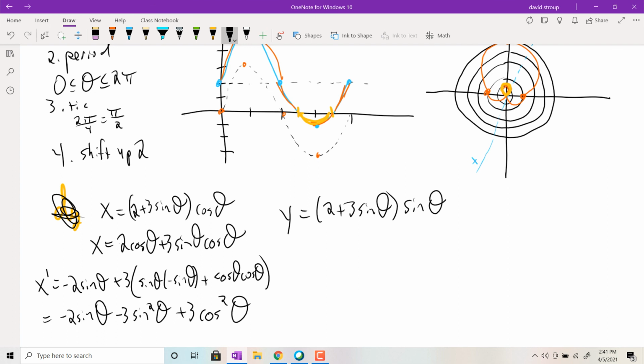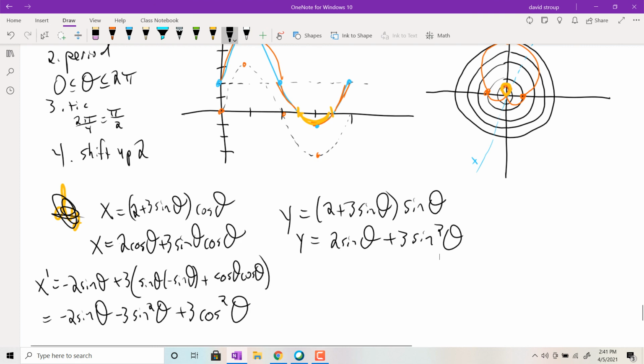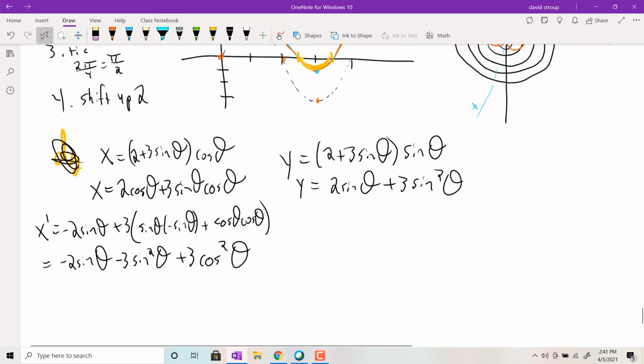The other guy then, y is 2 sine theta plus 3 sine squared theta, and really avoid trying to use too many of your old trig identities here. For example, you can't do a trig identity on this one. Negative sine squared plus cosine squared is not equal to 1. It's only when they're both positive.